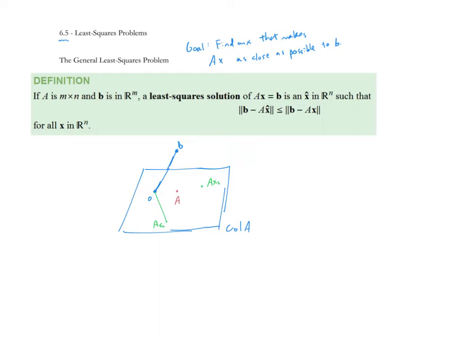That we'll deem as A x hat, and the length of this vector, b minus A x hat, is less than or equal to the length of any of these other vectors. Okay, so that red distance is smaller than any of the green distances. That is called a least squares solution, and that's what it looks like.